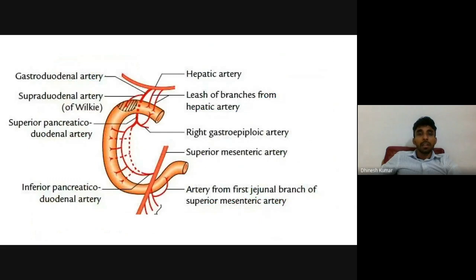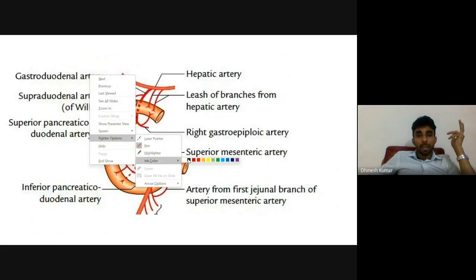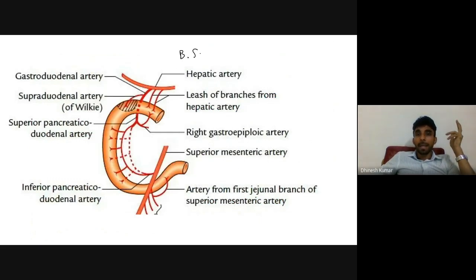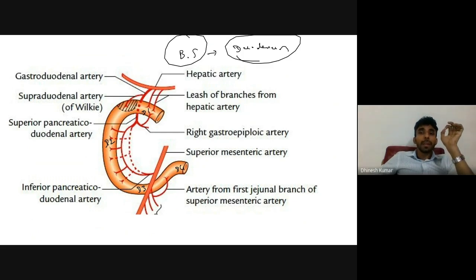Then coming to the blood supply of the duodenum, one more possible sub-question. This diagram shows the 4 parts of the duodenum: D1, D2, D3, and D4. Remember, the duodenum is supplied by 2 main arteries, namely the superior pancreatico-duodenal artery and the inferior pancreatico-duodenal artery. This is enough actually.